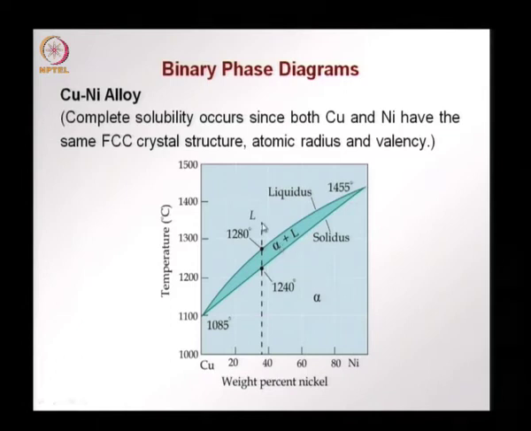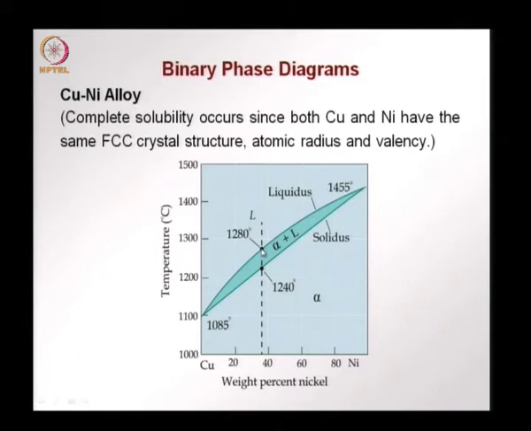We also see now that as temperature drops, say we take a certain composition around 38% nickel and the rest being copper, and if now the temperature of the melt drops, we will see that we reach the liquidus line for this particular composition at around 1280 degrees Celsius.